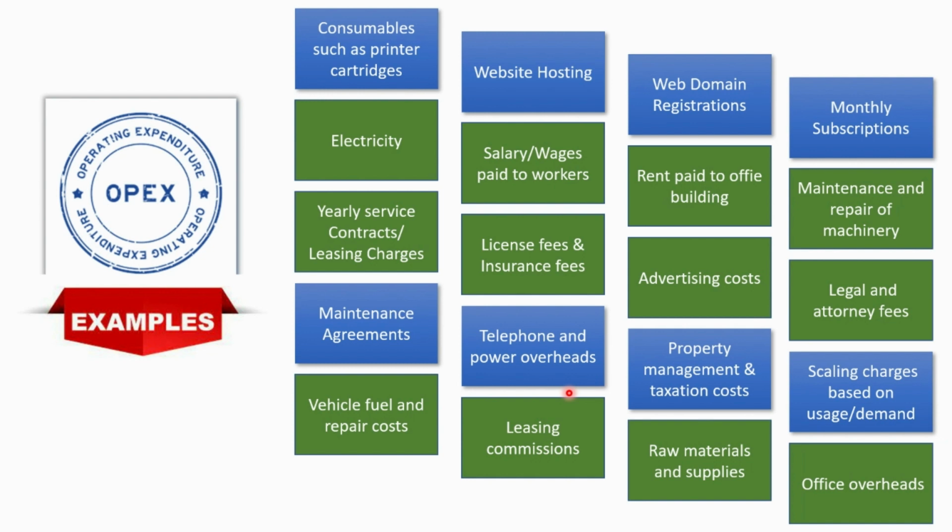It can be paper for the printer, cartridges, or stationery like pencils, notepads, and other stuff for regular meetings. All come under operational expenditure examples.